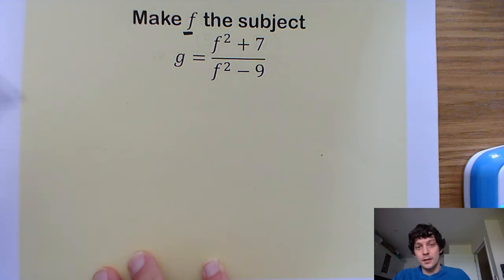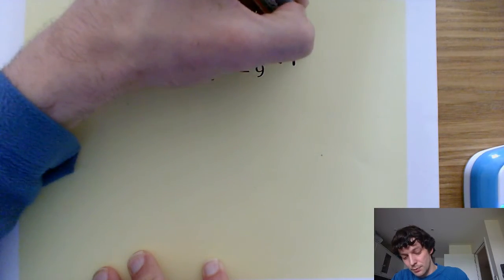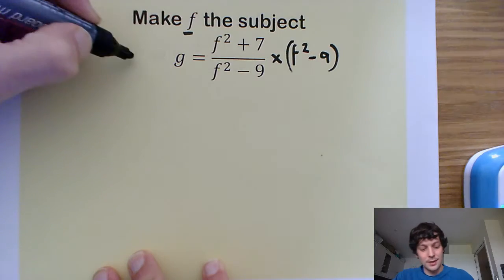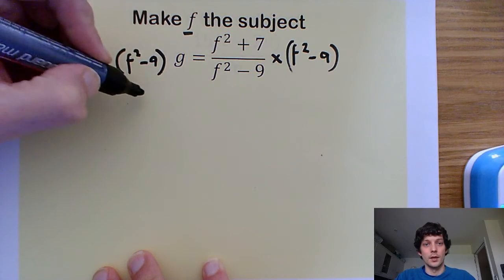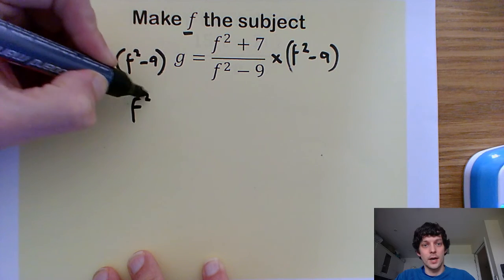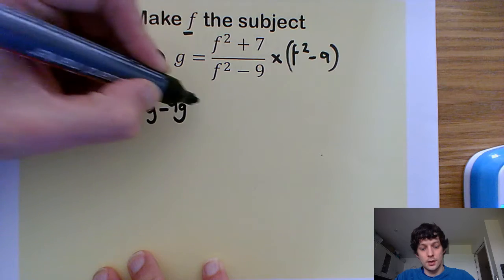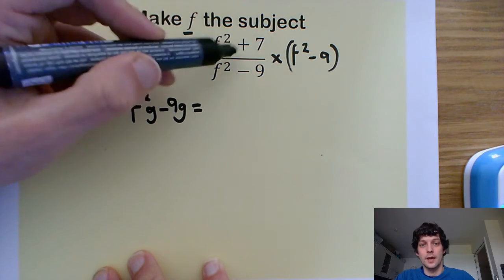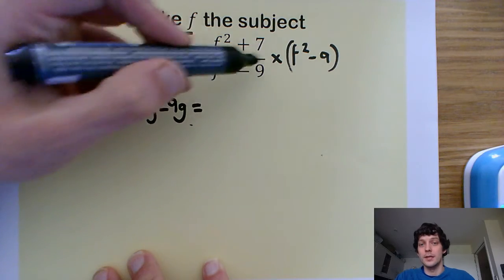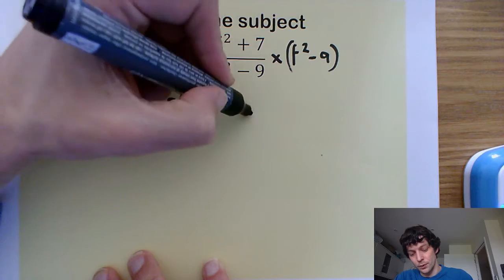I've got a denominator with my f squared in, so let's multiply both sides by f squared minus 9 to get rid of that denominator. Now on my left hand side we've got f squared g minus 9g is equal to, well, here I had f squared plus 7 divided by f squared minus 9 multiplied by f squared minus 9, so I'm just left with f squared plus 7.